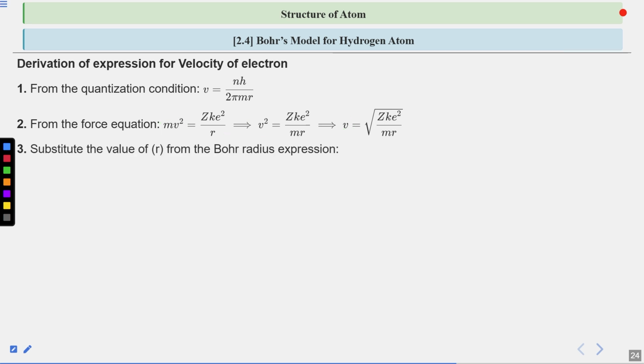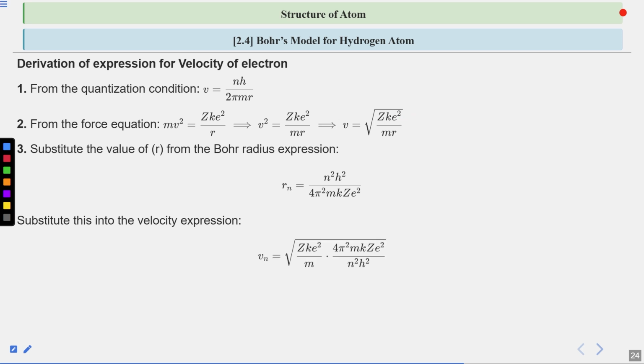Now if we substitute the value of r that we got in the previous equation, then we can get the velocity also. If you put the r n value, just put it in the velocity equation. You will get your final velocity. Okay, so this is the final equation.